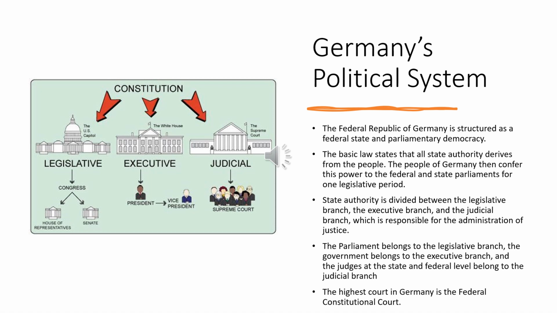Their branches are just like our branches. They have a legislative, executive, and a judicial, just as the United States has. The parliament belongs to the legislative branch. The government belongs to the executive branch, and the judges at the state and federal level belong to the judicial branch, which pretty much flows the same way as ours.